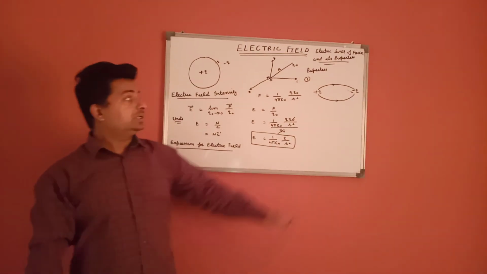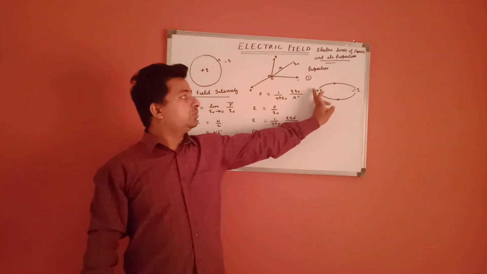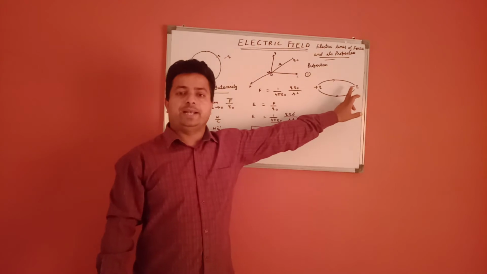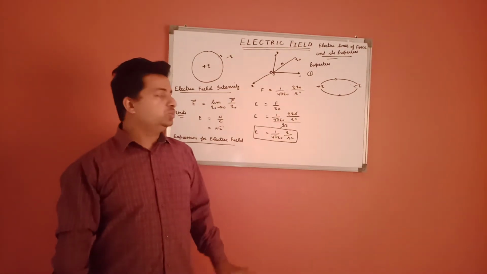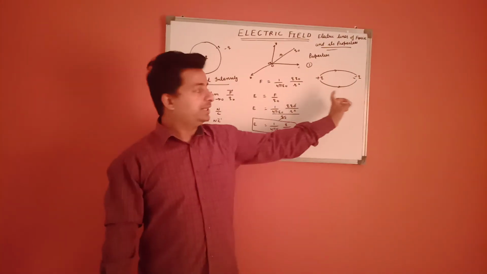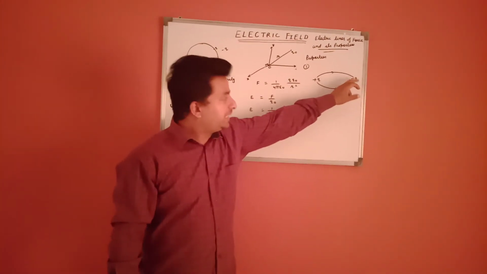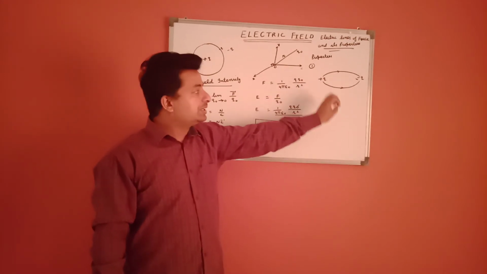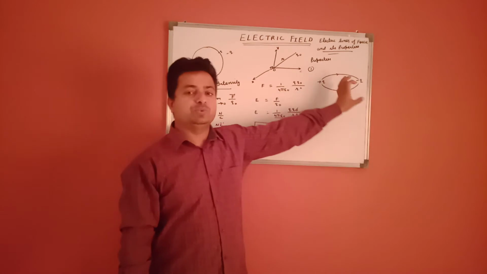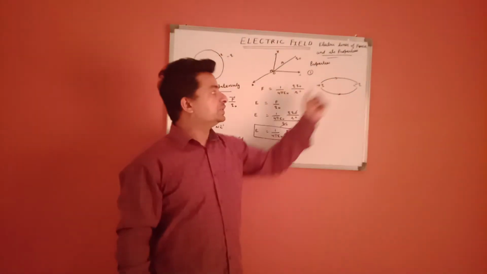The electric lines of forces do not form a closed path, that is from plus q to minus q and then minus q to plus q, it does not form a closed path. Its direction is always from positive to negative charge. This is the first property.